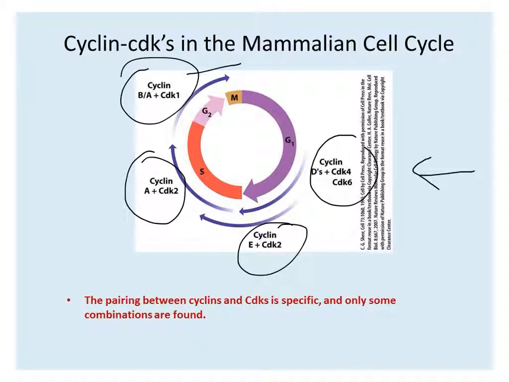So there are multiple CDKs and cyclins, and specific complexes that form with specific CDKs. The pairing of which CDK interacts with which cyclin is highly specific, and only certain combinations are found. That combination allows specificity for key substrates, so that it helps trigger the next phase.